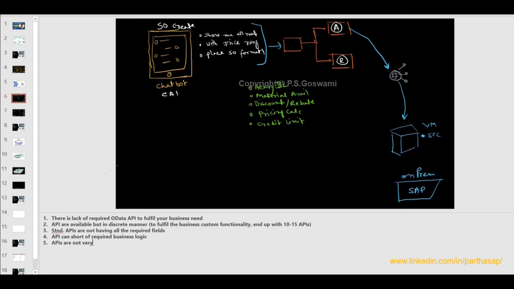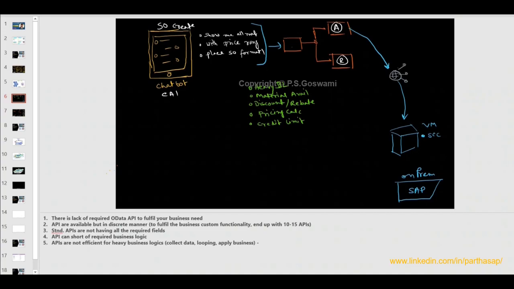This is a generic scenario. Let's say you have the APIs and the required fields, but when you want to build discount, rebate, pricing calculation, or credit limit check, you have to collect all the data from the APIs, then loop over all the records, then apply the corresponding business logic.